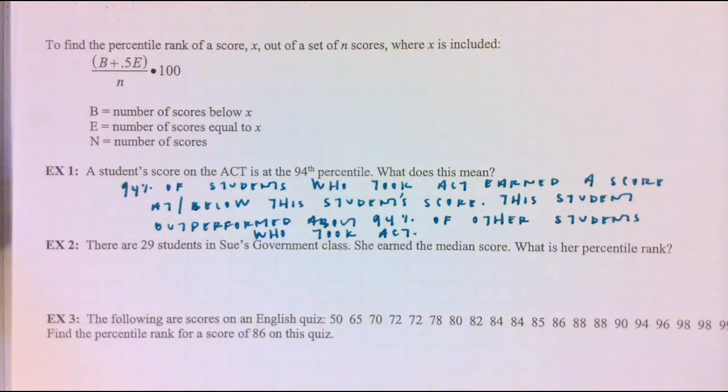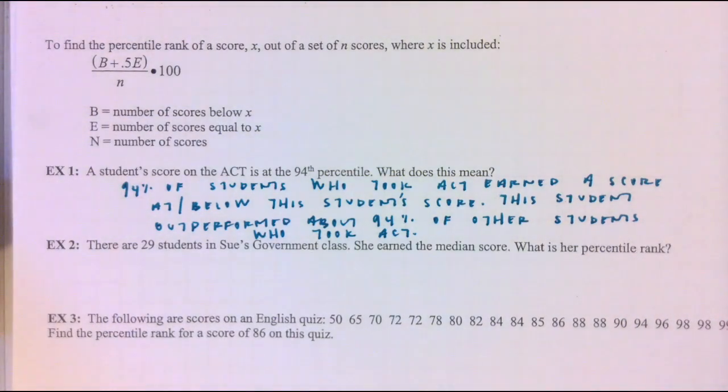When we're saying that something is in a certain percentile, the 94th percentile, 94% of students who took the ACT earned a score at or below this student's score. This student outperformed about 94% of other students who took the ACT.